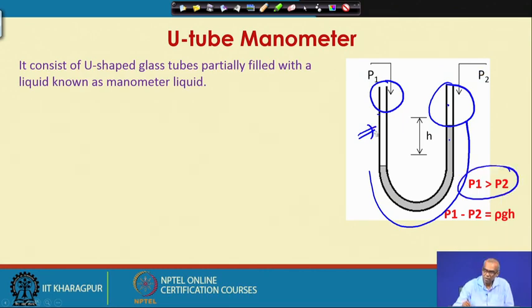So, the mercury level in this limb is pushed down compared to this limb. This difference between the mercury levels in the two limbs, which is shown here by H, is the measure of the difference of pressures between this limb and the other limb.